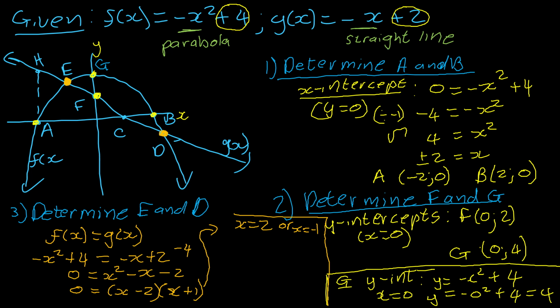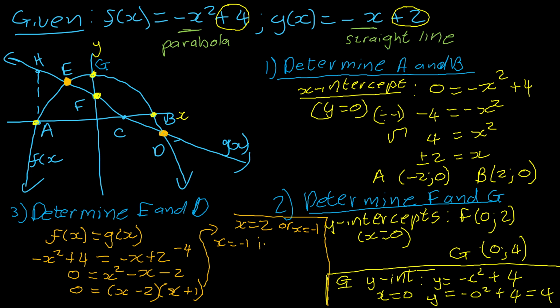Now for coordinate E, if we compare the two values we got, that would be the negative 1. Now we just take that value and substitute it into any one of the two equations. I'm substituting it into g of x. Why? Because g of x just has fewer squares and things that I need to worry about.